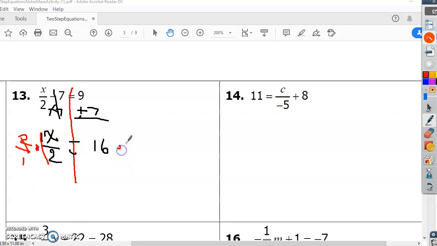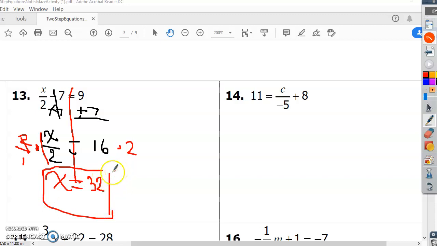I'm going to do the same thing on the other side. So x is what I have left over is equal to 2 over 1, 16 times 2, 32 over 1, which is 32. I didn't bother to put it over 1 because I already know 1 times 1 is 1. So your final answer here is x is equal to 32.